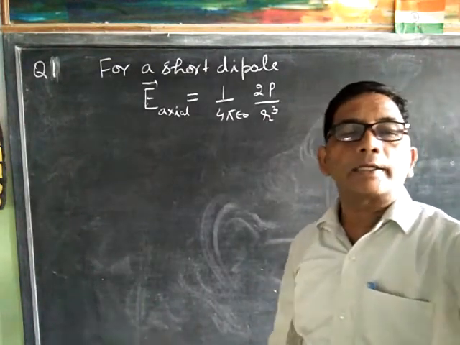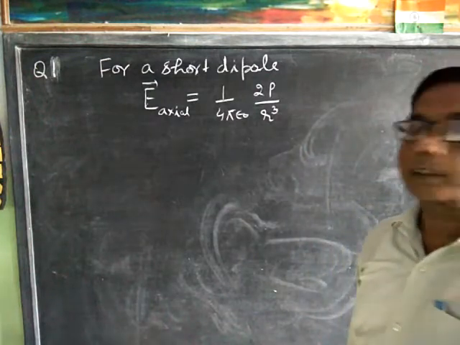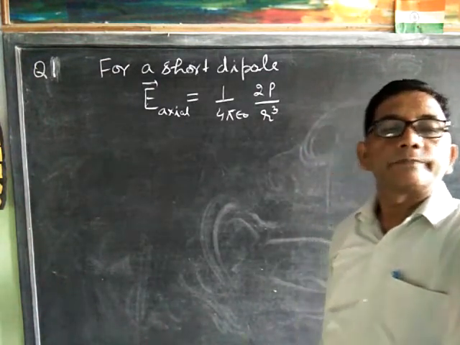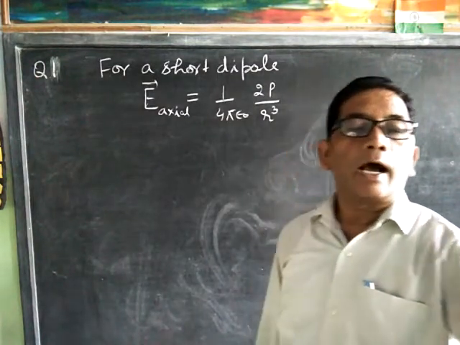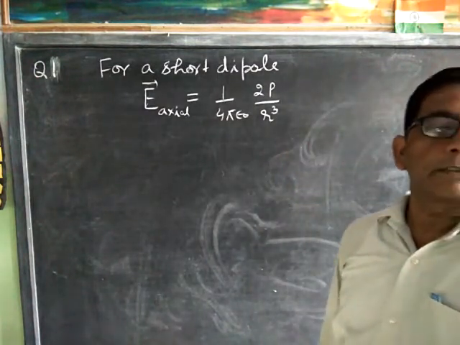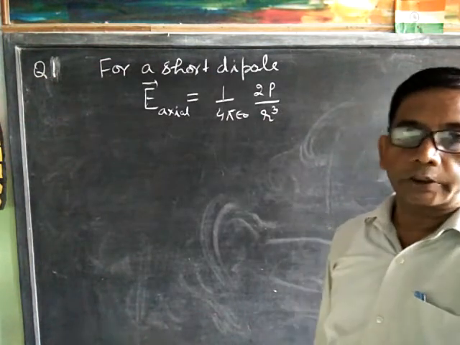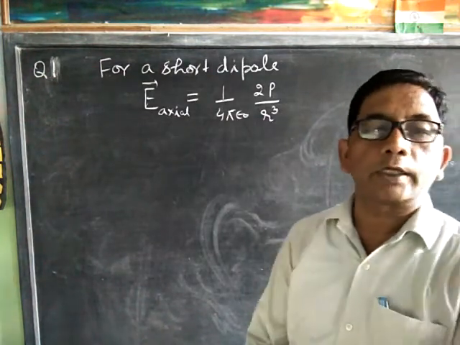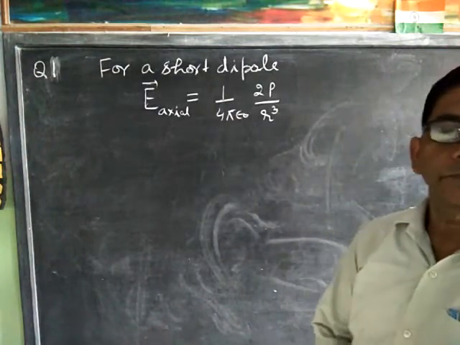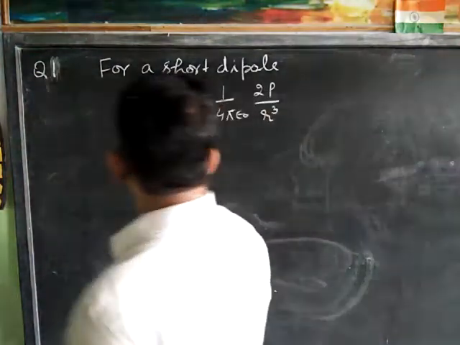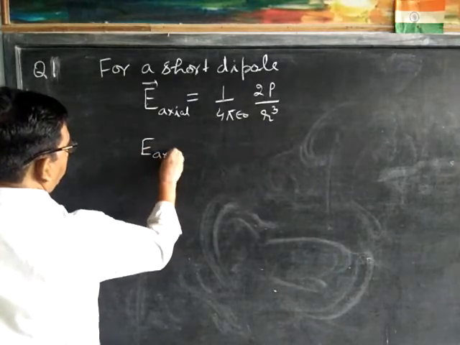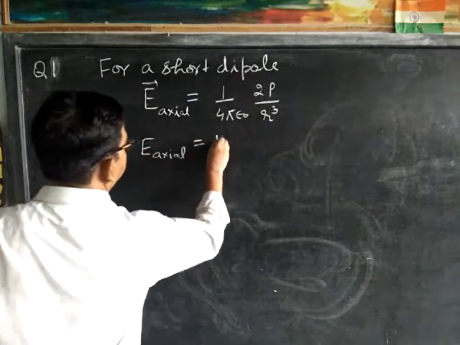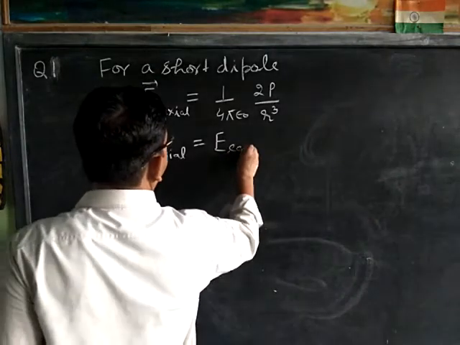Let r equatorial be the distance of a point on the equatorial line. Then E axial is equal to E equatorial.